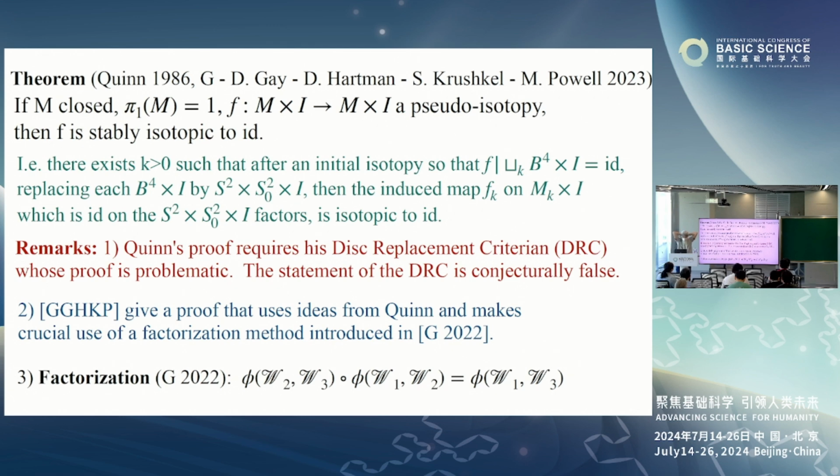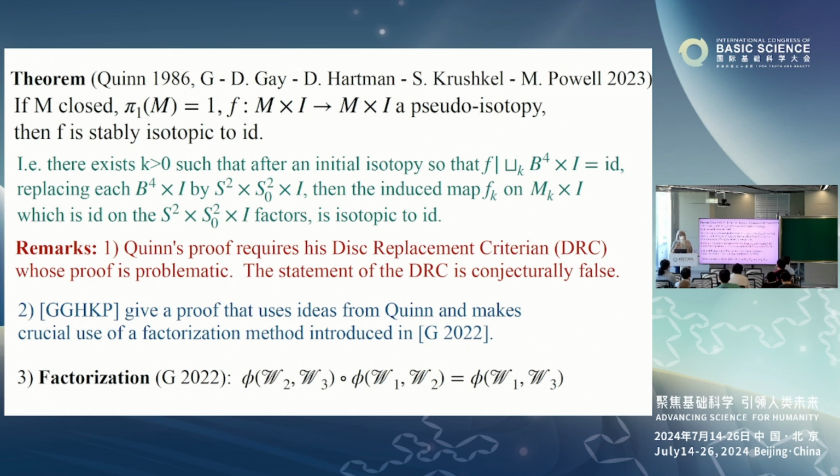So Quinn's proof is this brilliant thing, and unfortunately, as a lemma, it doesn't work. But using some of Quinn's ideas and some new ones, we can fix it. And one of the new ones, which is sort of a new technique, is this technique of factorization, which more or less is a composition rule for Finger-Whitney systems.